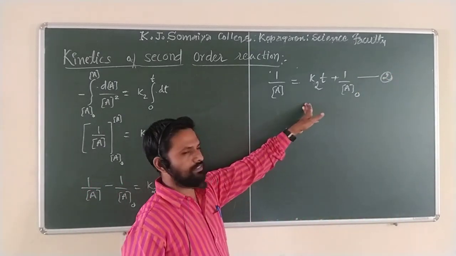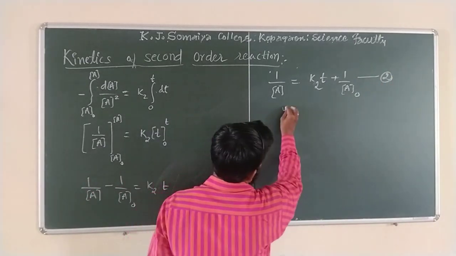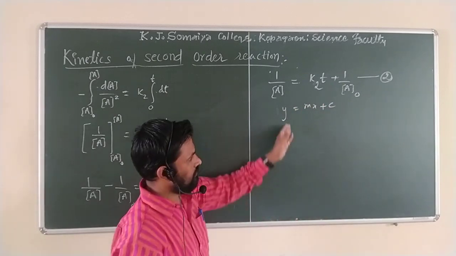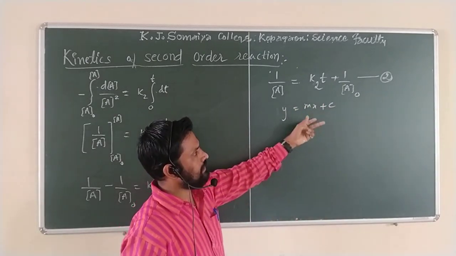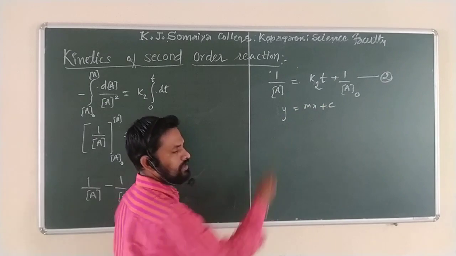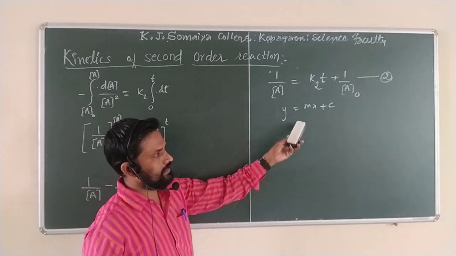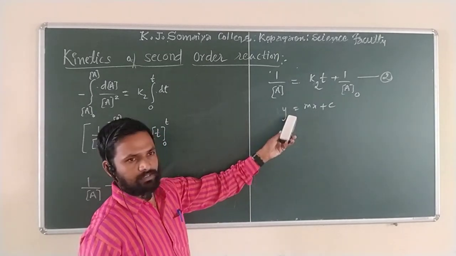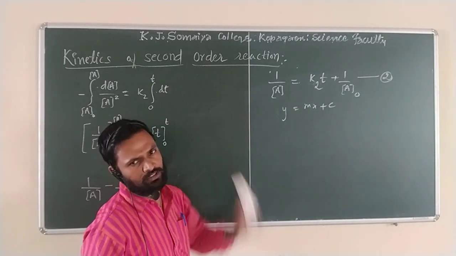It looks very simple. It forms y equal to mx plus c. Are you getting my point? So equation number 2 is useful for the graphical representation, and it can be used to detect the nature of the graph of a second order reaction.